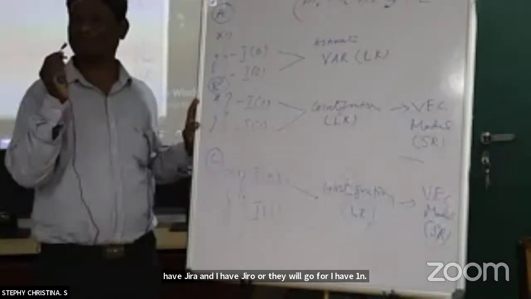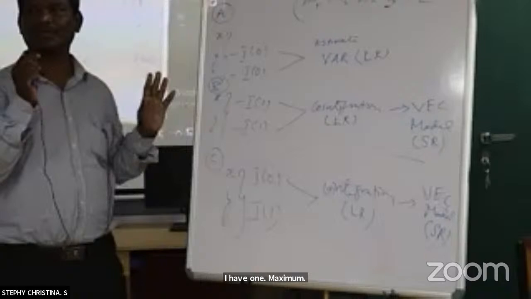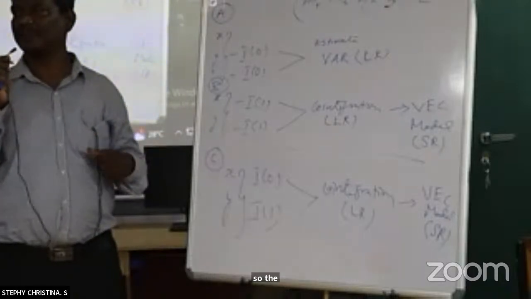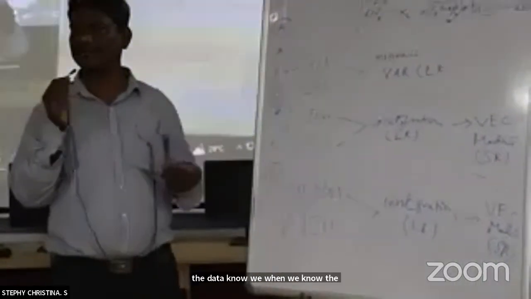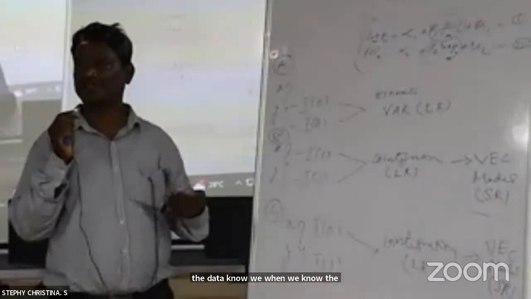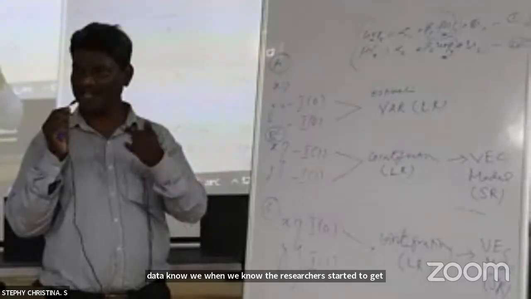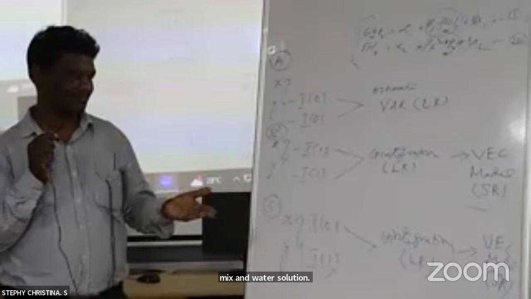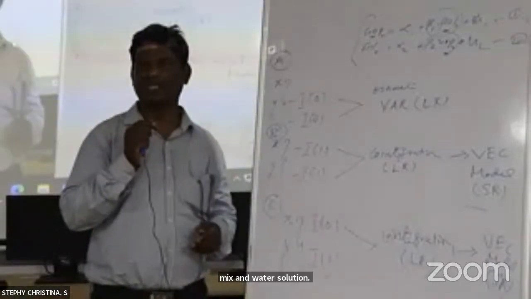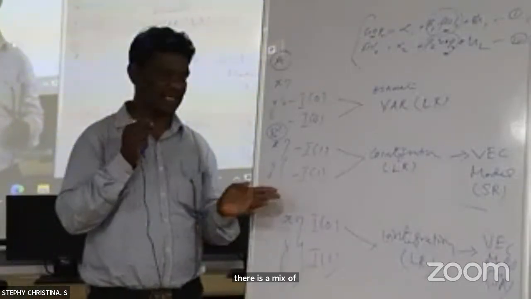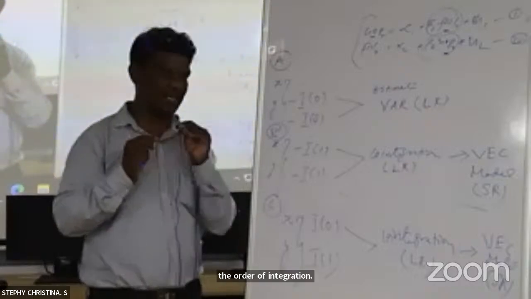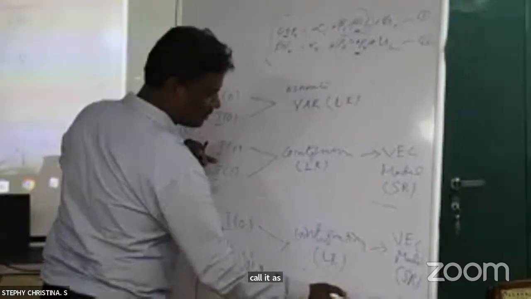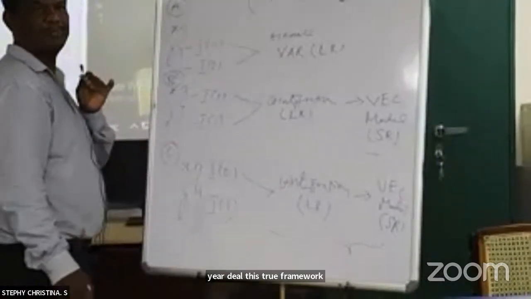Maximum will be I(1). Econometricians started to analyze what will happen when there is a mix of orders of integration, and they came out with certain advantages, which we call ARDL. These two frameworks I told you are based on ARDL.